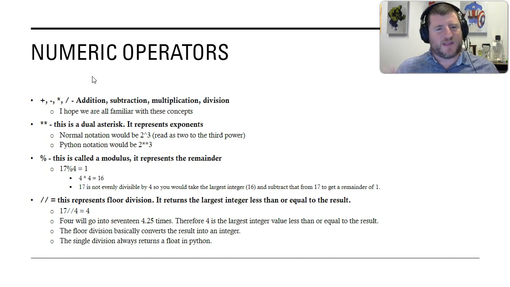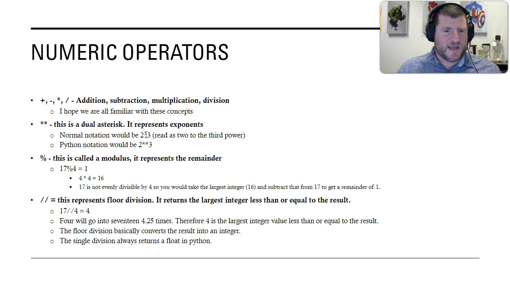Some people maybe not, but I think we're probably all familiar with these as representations, just because we've been around computers and calculators for a long time. They represent basic arithmetic. This is a double asterisk here, and it represents exponents.